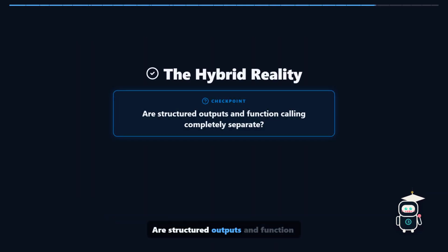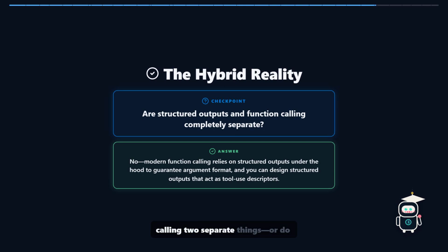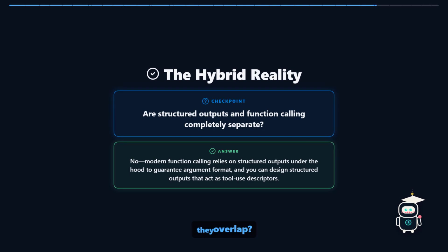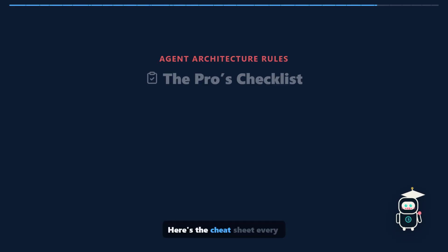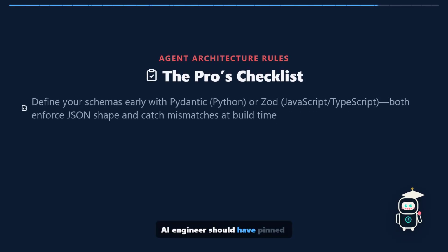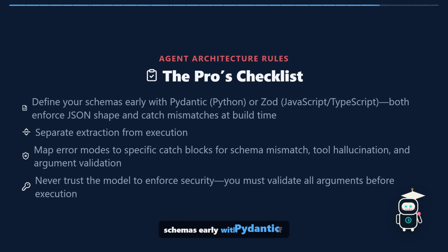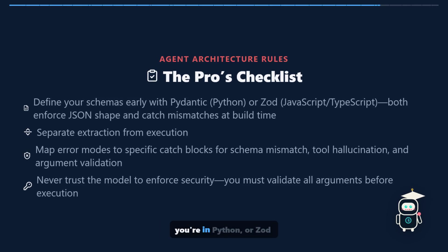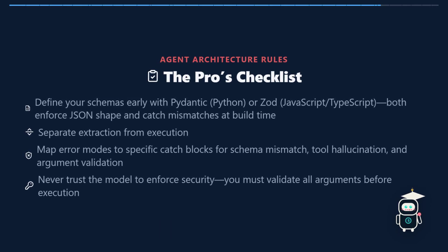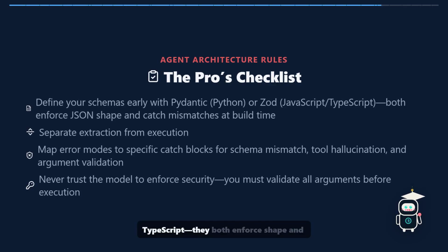Time for a reality check. Are structured outputs and function calling two separate things? Or do they overlap? Here's the cheat sheet every AI engineer should have pinned above their desk. Define your schemas early with Pydantic if you're in Python, or Zod if you're in JavaScript or TypeScript.